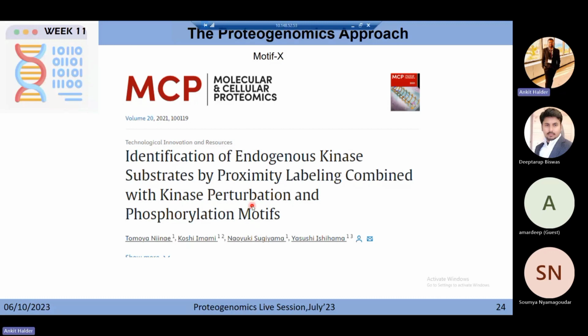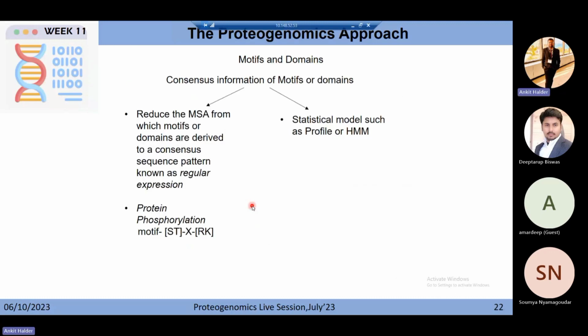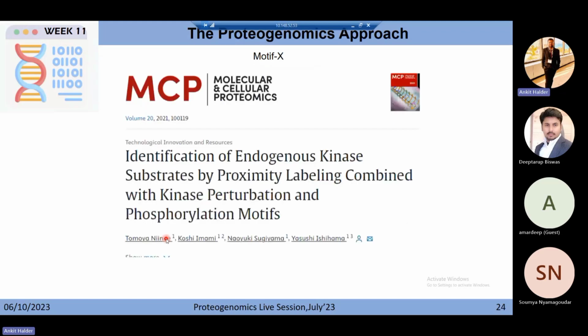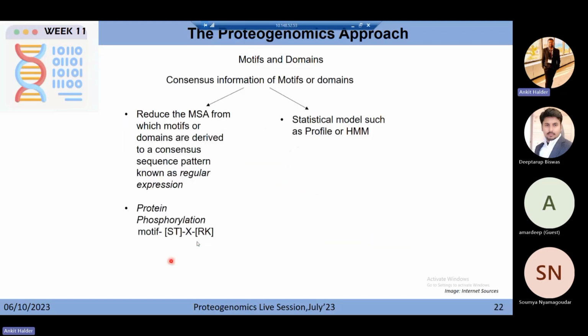That's why I also gave you the protein phosphorylation motif, how it looks in the regular expression pattern. Generally, we are looking at this motif region for these particular protein sequences.